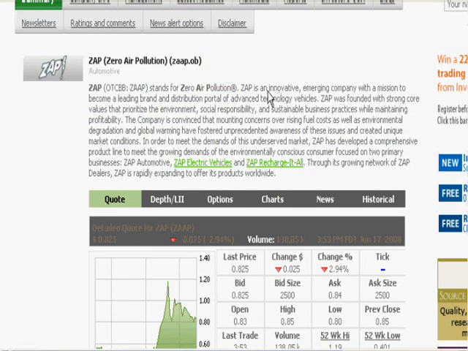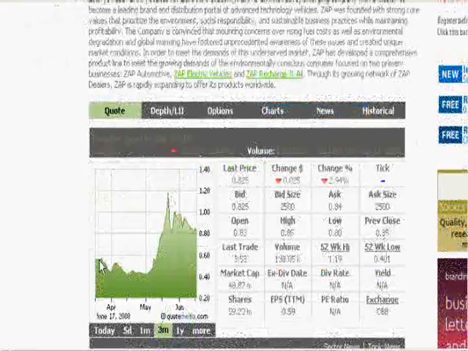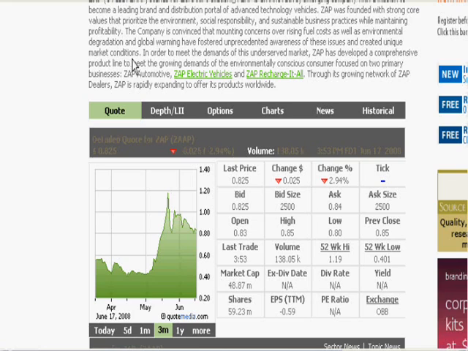The first company we're going to look at today is a company called Zap. Zap stands for Zero Air Pollution. Basically, as you can see here, Zap was founded with strong core values that prioritize the environment, social responsibility, and sustainable business practices. The graph supplied at investsourceinc.com looks like the company's done okay.